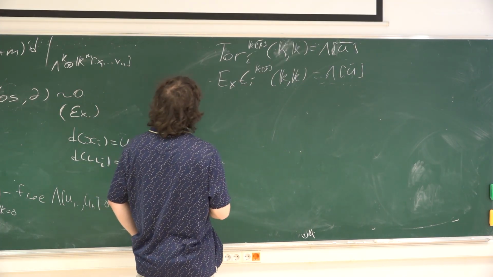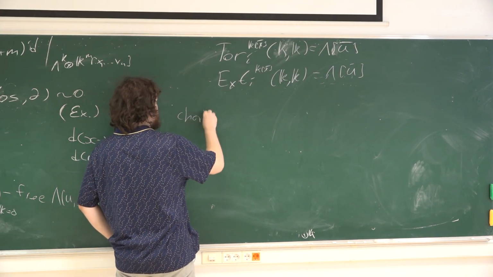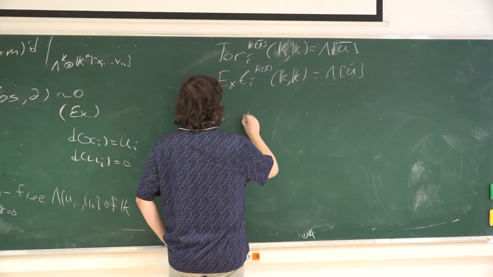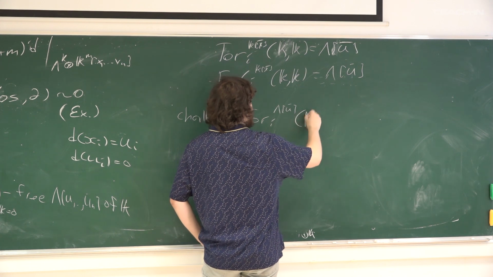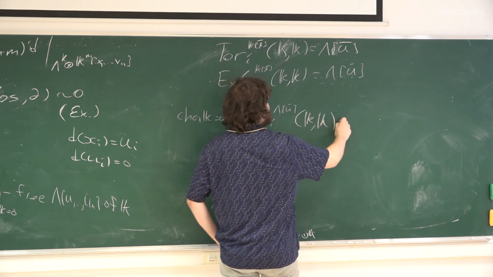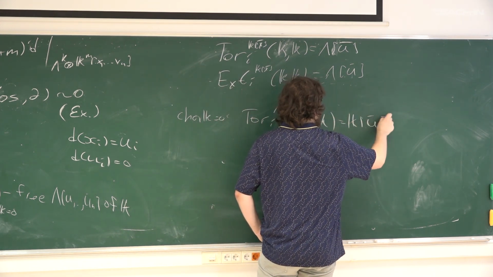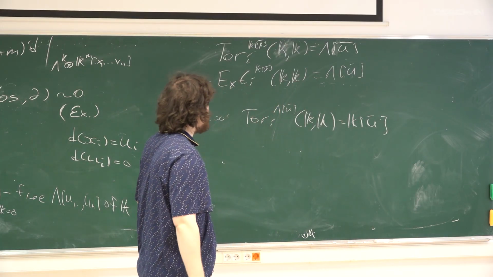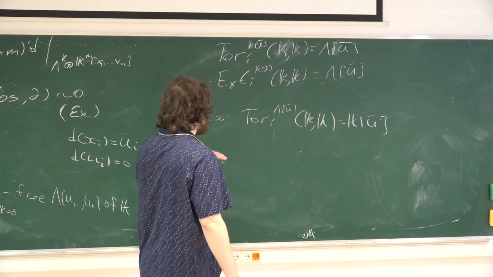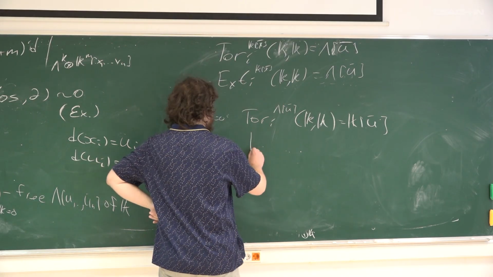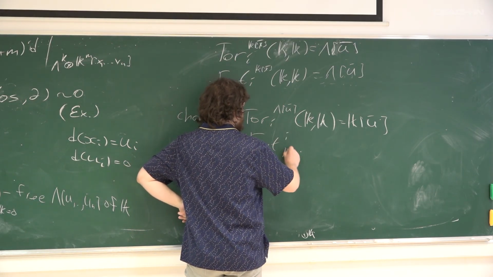And in characteristic 0, we obtain that Tor over the exterior algebra from k to k is a polynomial algebra. In particular, we see that k over the exterior algebra has infinite projective dimension.